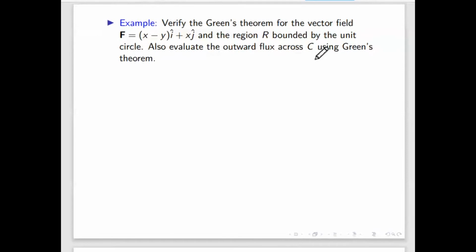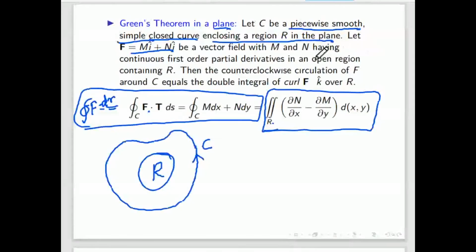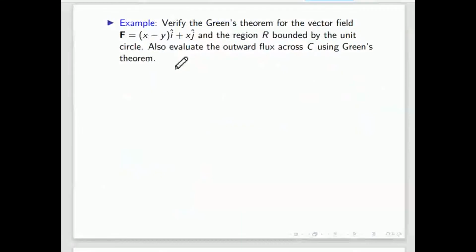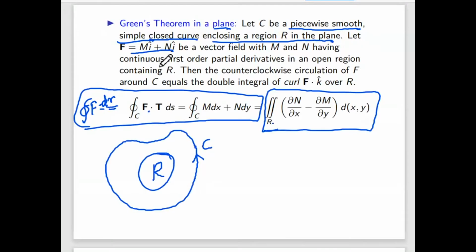Green's theorem gives the relation of the line integral to the double integral. Verifying Green's theorem means for the same function you show that the left hand side equals the right hand side. The next question is to find the flux using Green's theorem. We'll do it one by one. First we calculate the left hand side, M dx plus N dy, and then the right hand side. Both should give the same answer.